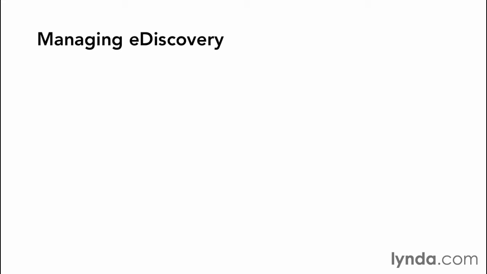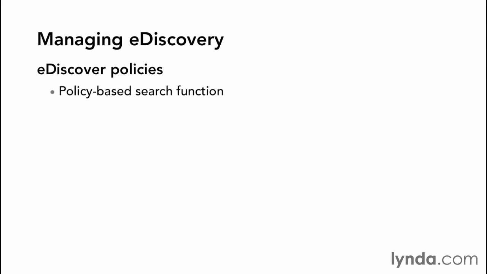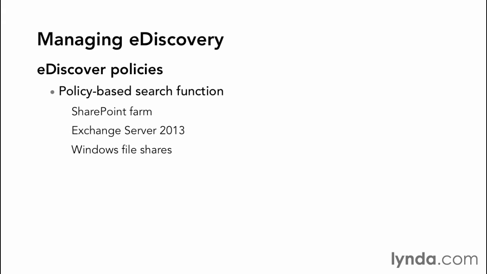In eDiscovery, we set a series of policies, and then we have a policy-based search function that can operate on our current SharePoint farm, in Exchange Server 2013, in Windows file shares, and in other SharePoint farms to be able to discover content that meets a particular policy.